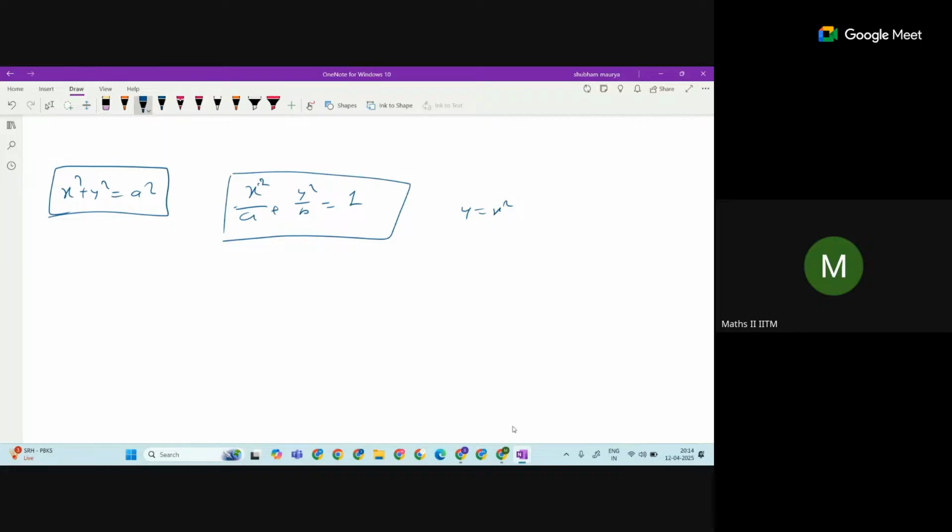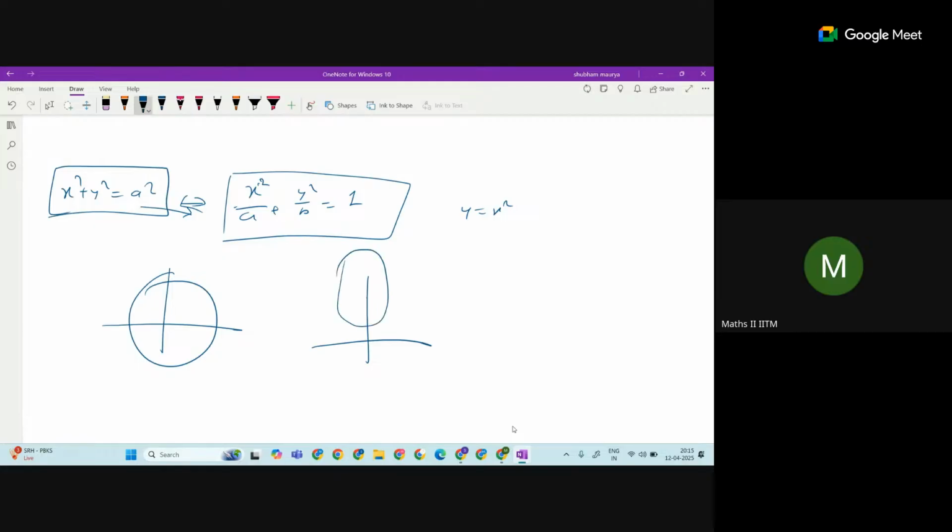If you see the more general case, these are the centers at the origin. Either an ellipse or a circle. These are for the origin. But if it is not the origin, what is going to be the case?